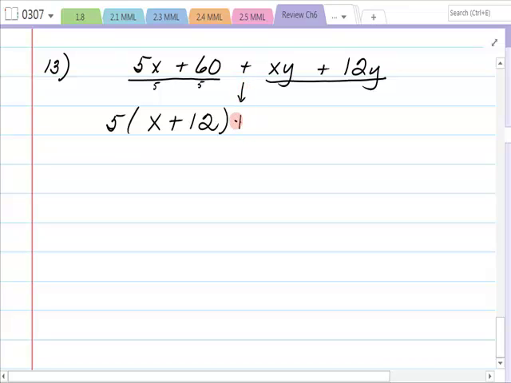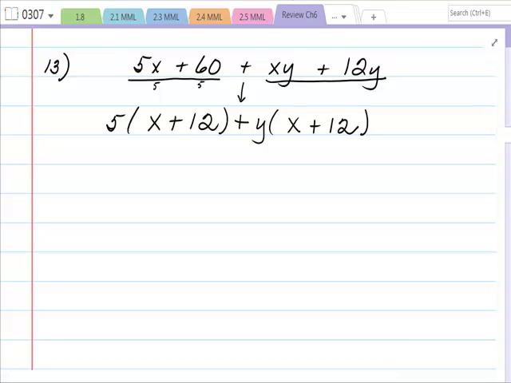Bring down your plus sign. What's in common in the second group? Y. And when you divide it, you get another x plus 12. Now that is absolutely a requirement. If grouping's going to work, those two have to be identical.